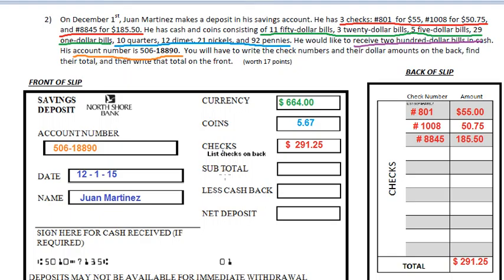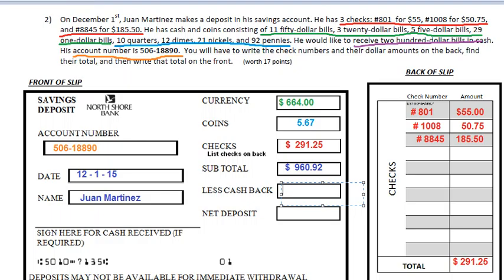Next up, we try and find the subtotal. In order to find the subtotal, we add up all 3 of these numbers. And so I've added them up, and the dollar amount that we get is $960.92.